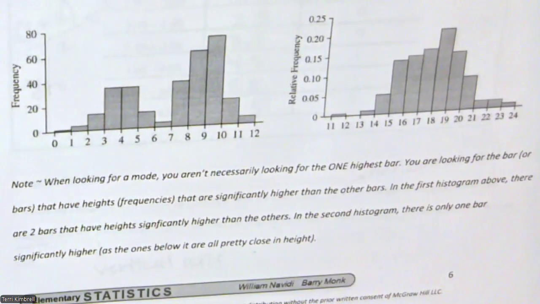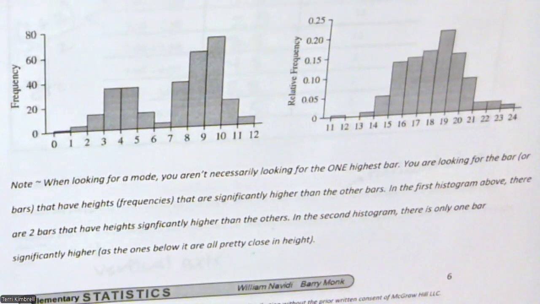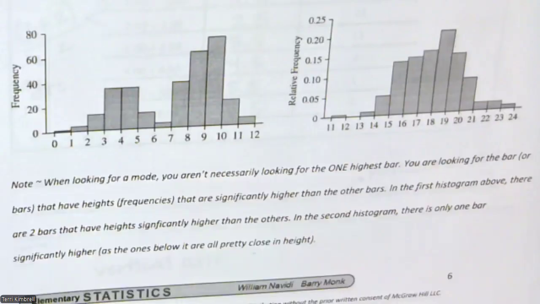So when looking for a mode, you aren't necessarily looking for one highest bar. You're looking for the bar or the bars that have heights or frequencies that are significantly higher than the other bars. So looking in the first histogram above, there are two bars that have heights significantly higher than the others. In the second, there's only one bar that's significantly higher than the other bars.